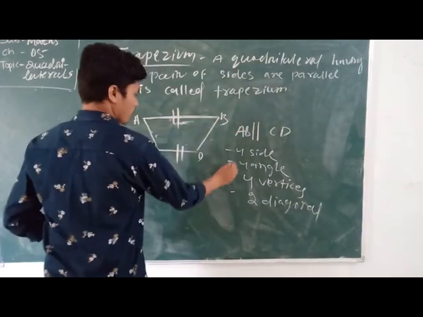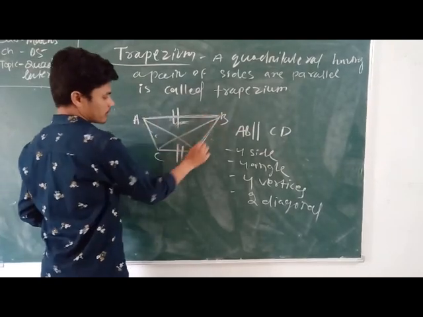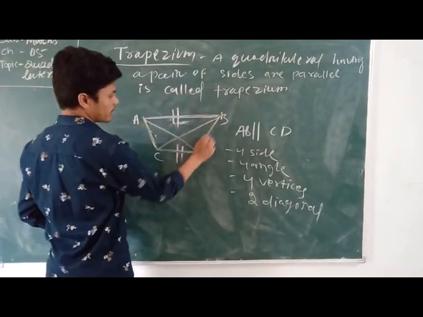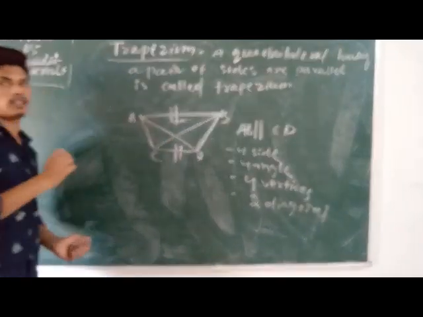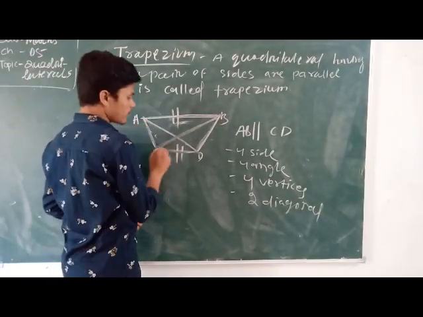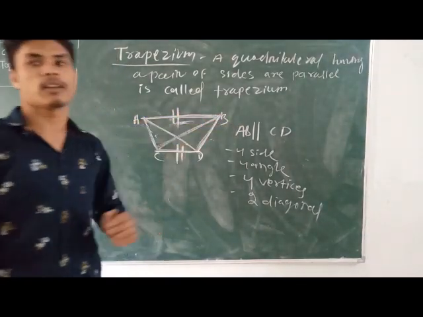Okay. Here the diagonals are there. Sides AB, AC, CD and BD. Diagonals are what? AD and BC. And parallel sides are AB parallel to CD. Only one pair of parallel sides there. That is a trapezium. Clear about the trapezium?